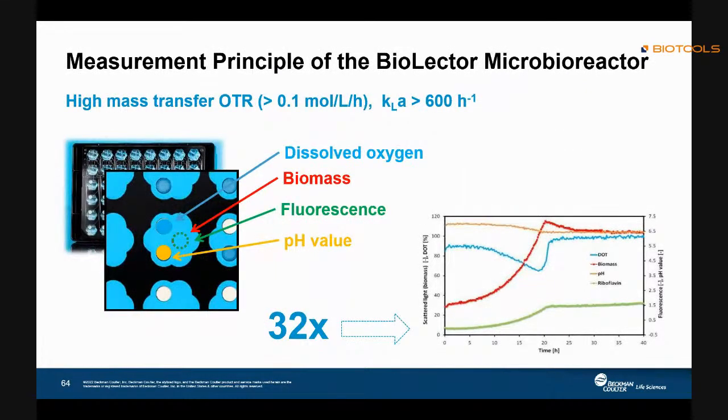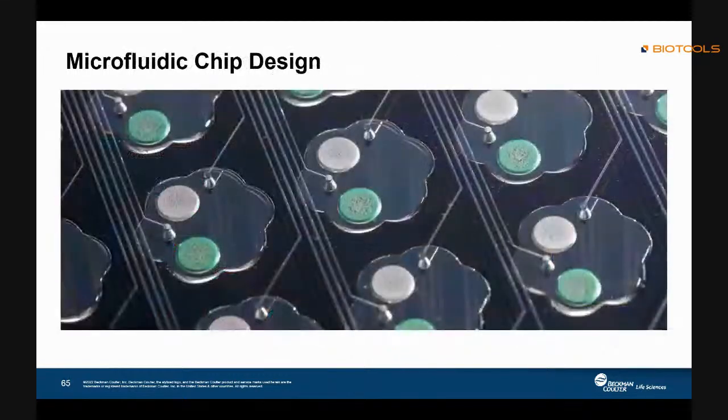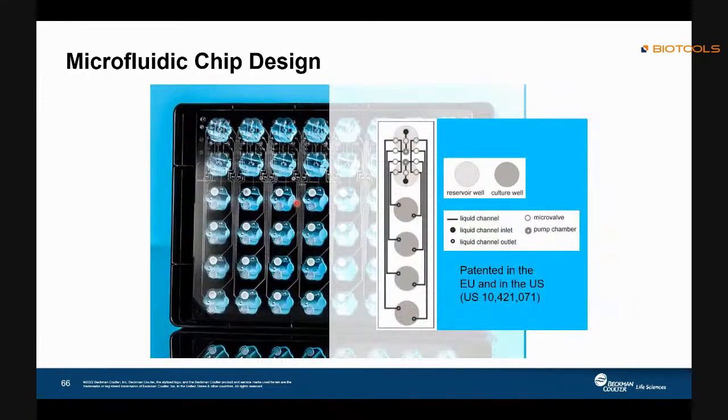We have seen this before, but if you want to change the adding, this is some kind of very small micro tubing which is inside the well plate. These micro tubings can help us to transfer the liquid that we introduce in the reservoir wells to the cultivation wells. So we define the well plate: the upper two parts will be the reservoir wells, and with a lot of these micro tubings, we can add the sample, add the material in the reservoir to the well plate.